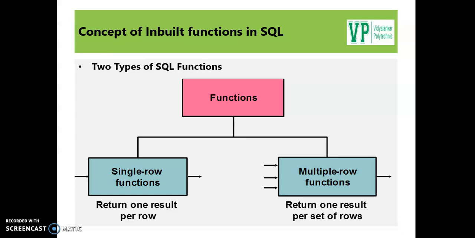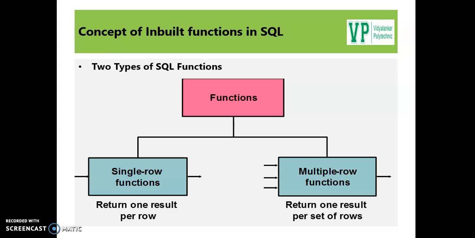The description for single row function is: return one result per row, or it returns one result per input. Whereas a multiple row function takes multiple inputs, returns one result per set of rows and produces only one output.